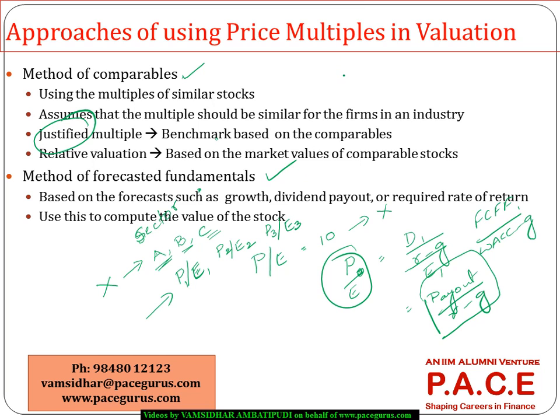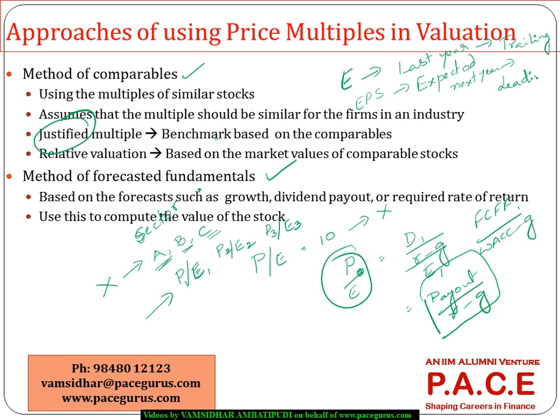Now here, earnings. If I am taking the last 1 year, we call it the trailing P by E ratio. But if I am taking the earnings per share forecasted, expected for next year, we call it the leading P by E ratio.